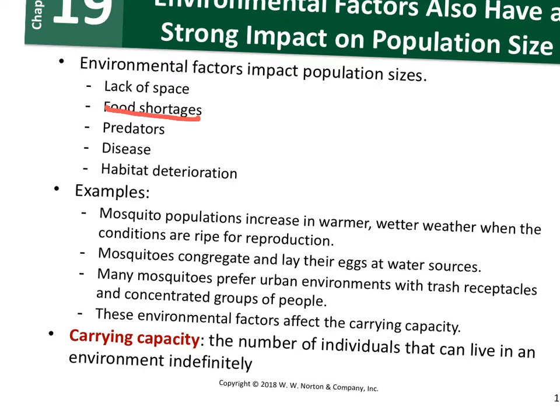Other things are perhaps lack of space, where they can build nests or whatever. And then there are some other things that can actually limit populations, like disease, predators, loss of habitat. In terms of food shortages, the first two are limiting resources, okay?